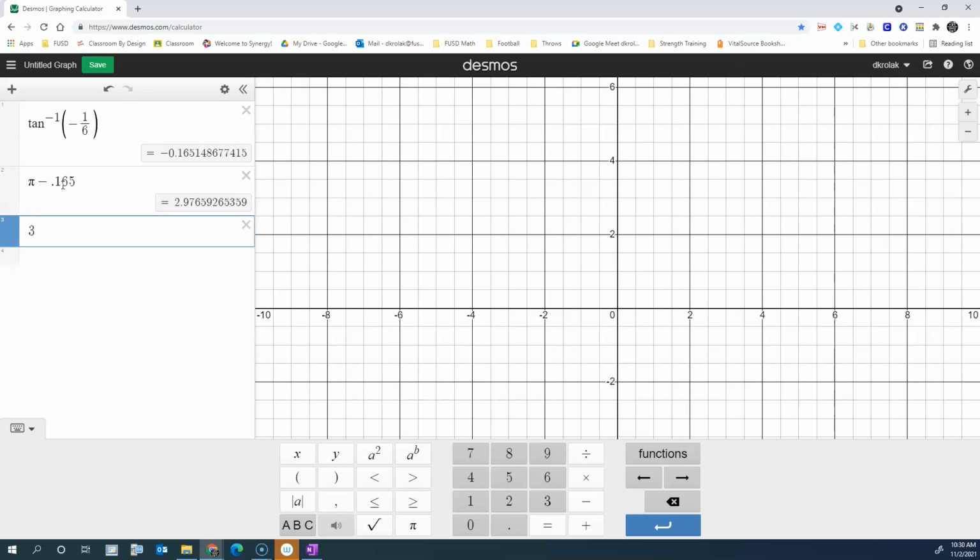And there's my answer. See, 2.9765. So this 5 tells me to round that 6 to a 7. So 2.977.